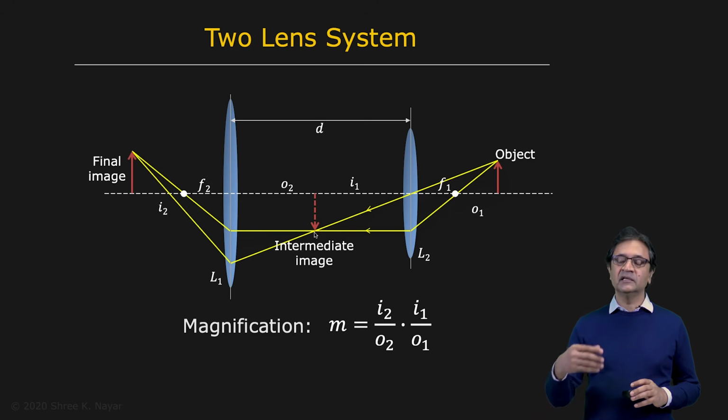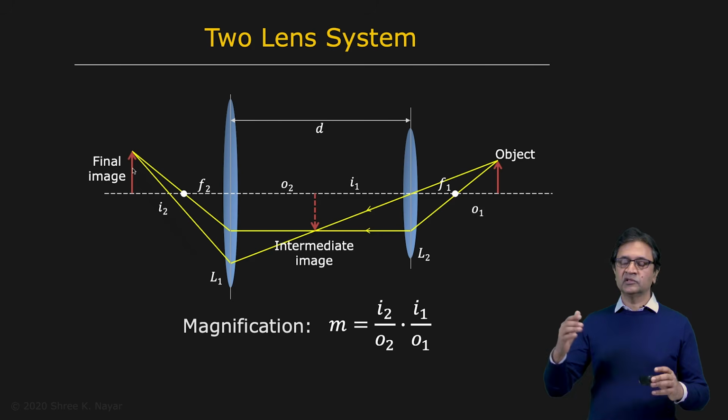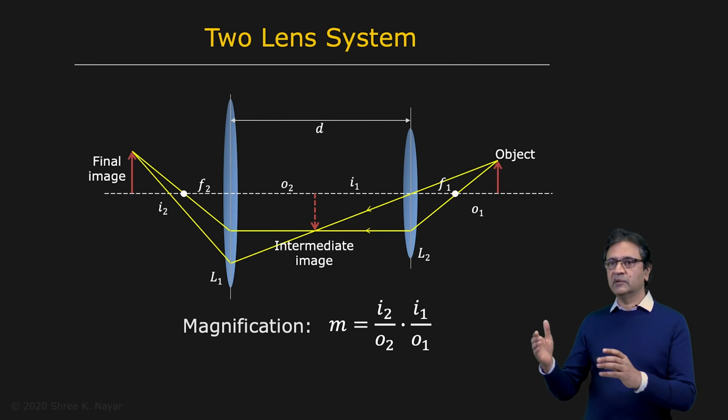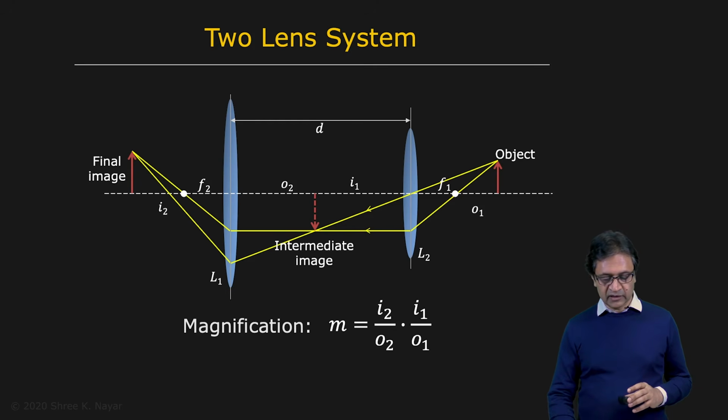We'll call that an intermediate image. That acts like a new object, if you will, and it is imaged by the lens L1 to get the final image right here. So the magnification of the complete system is the magnification due to lens L2 times the magnification due to lens L1. So that's I2 by O2 times I1 by O1.